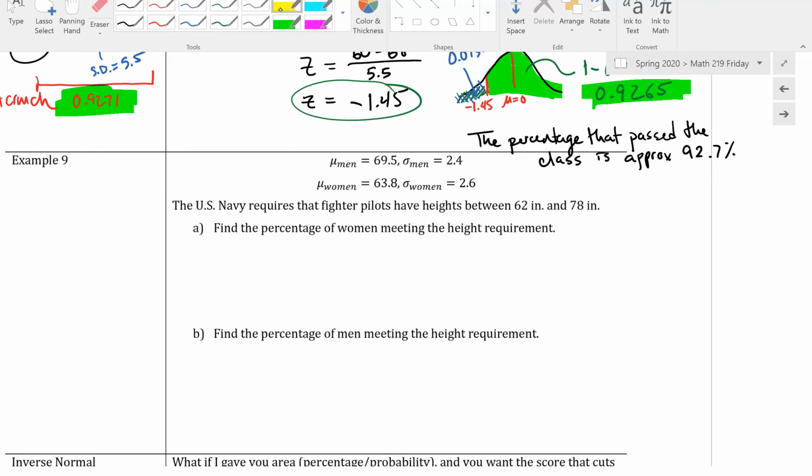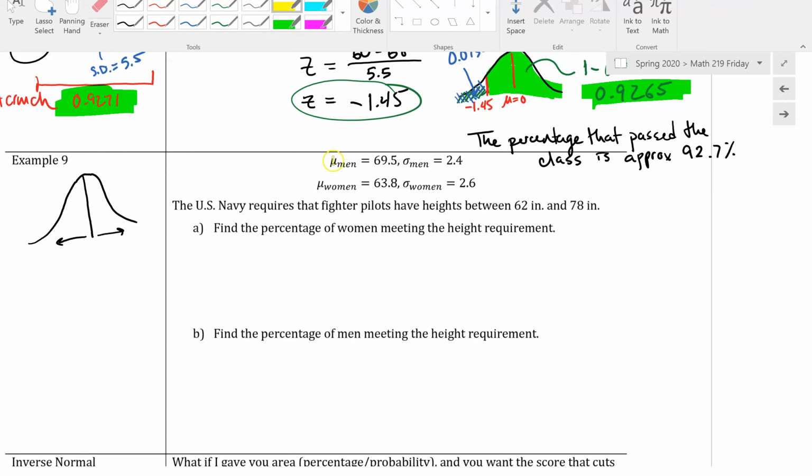If you were to poll a whole bunch of people, find their heights and map them out, you're going to get something that looks like this. There's an overwhelming common height, and then there are fewer people shorter and fewer people taller than that average height, and they follow a normal distribution.